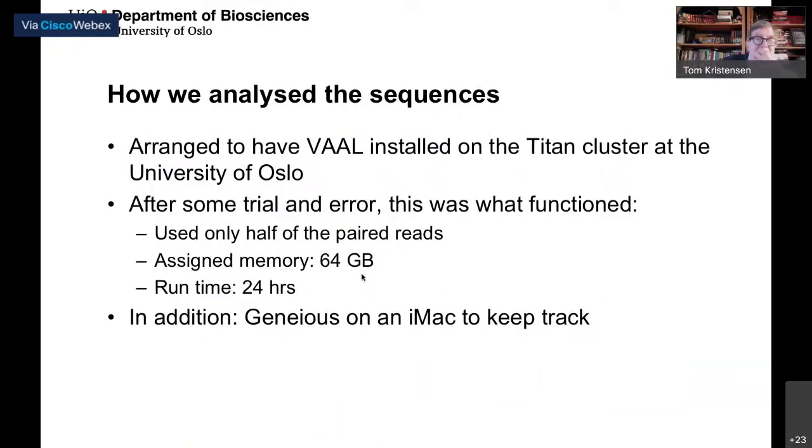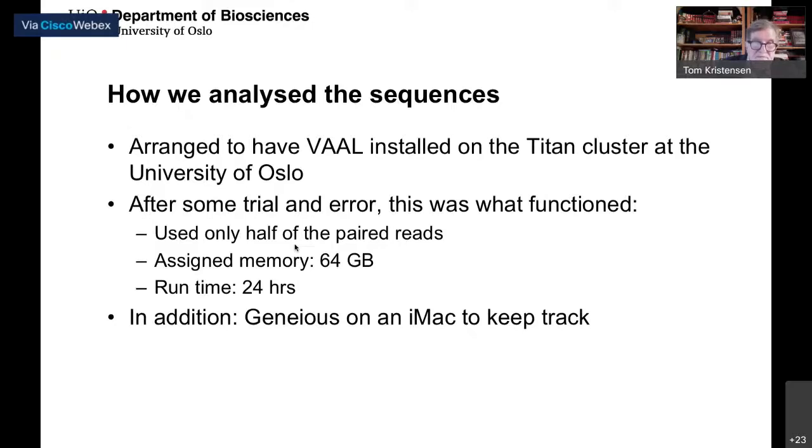So I arranged to have this program installed on a Unix machine cluster at the University of Oslo, and did some trial and error, and ended up in the end with using only half of the reads from the machine.